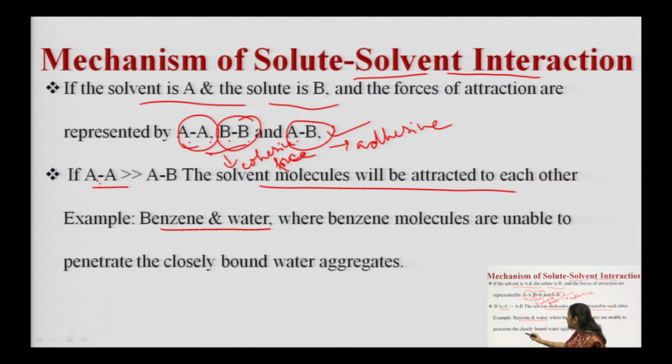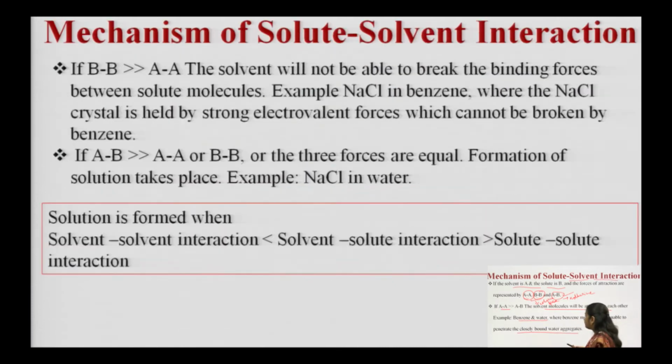Benzene cannot penetrate this closely bound water aggregate and is not able to break it. So benzene will never get solvated by water molecules, and it will not dissolve in water.